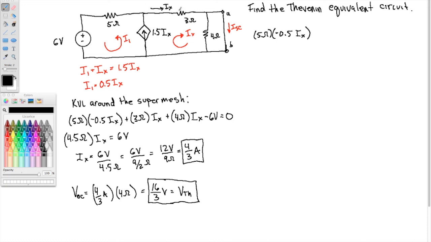Then at this 3 ohm resistor, plus 3 ohms times Ix. Now this resistor is shorted out, so it contributes nothing; there's no drop across it because it's in parallel with a short. Down here, I increase by 6 volts. So here's my KVL around the super mesh.